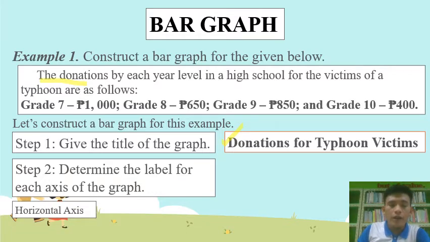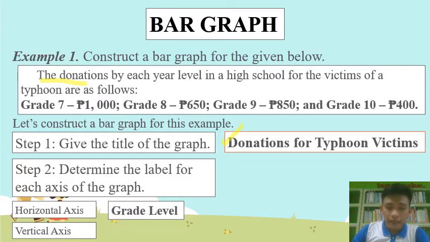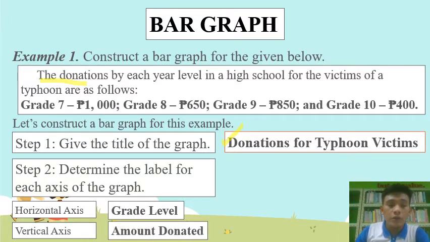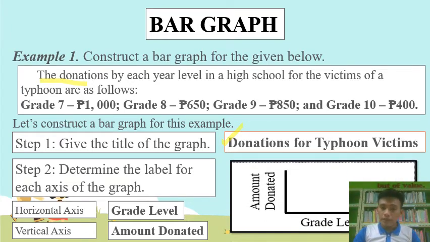For our horizontal axis, the x-axis, that will be the grade level. And the vertical axis, that will be the amount donated. That is the vertical axis or the y-axis.